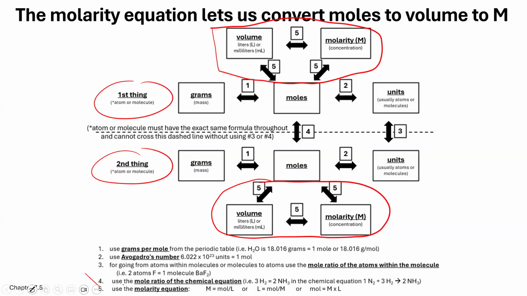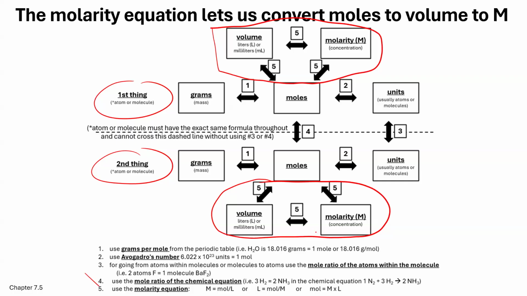We're going to use a molarity equation to convert volume and molarity to moles, change out moles, and go to the other volume or molarity. If you've never seen a version of this conversion table before, go back a few lectures and you'll see it, and that'll give you the information to continue using this.